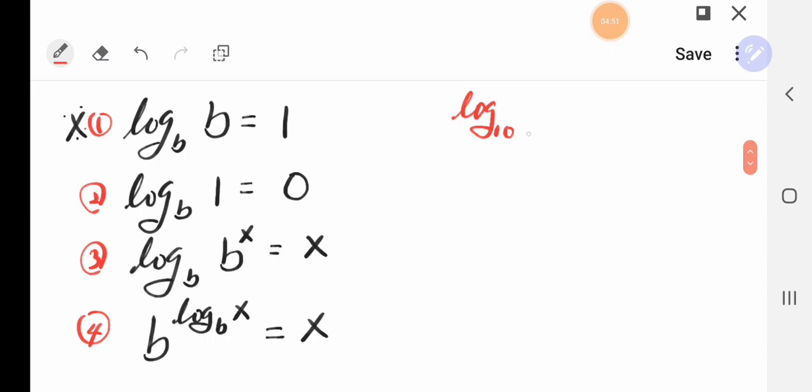Let's say the logarithm base 10 of 10. The inside of the logarithm and the base are the same. If they are the same, then this is always equal to 1. So logarithm base b of b is equal to 1.